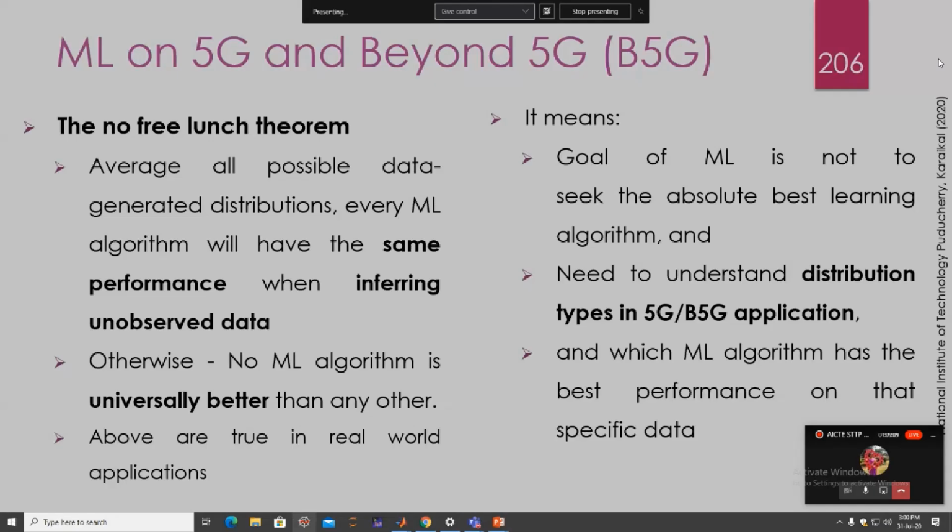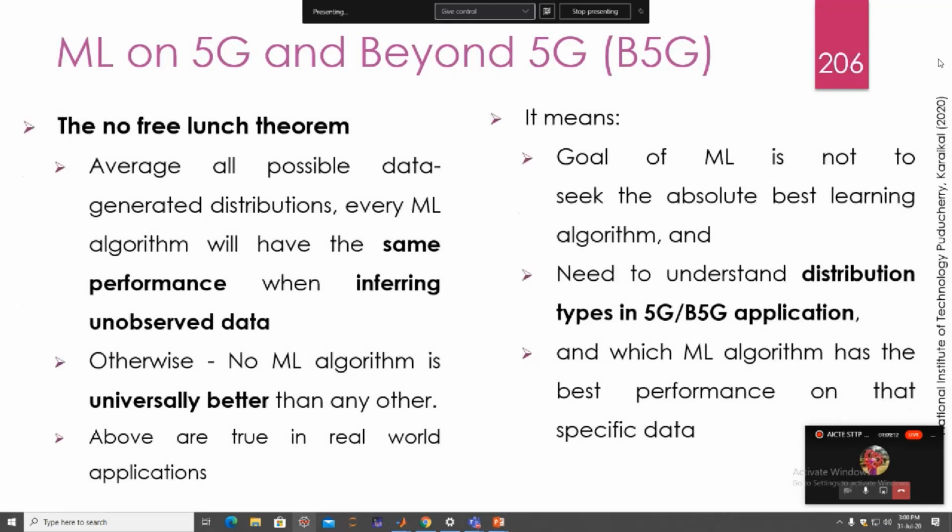Now, the second challenge in machine learning for 5G and beyond 5G is the no free lunch theorem. What is the no free lunch theorem? Basically, it says that the average over all possible data generating distributions, every ML algorithm has the same performance when inferring on unobserved data.